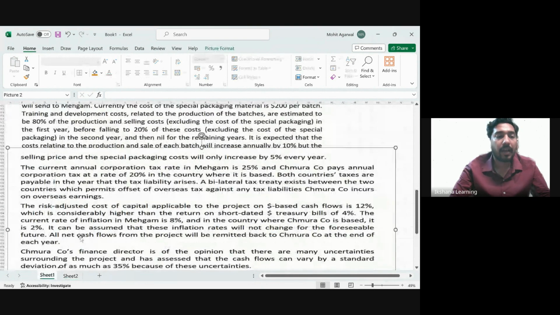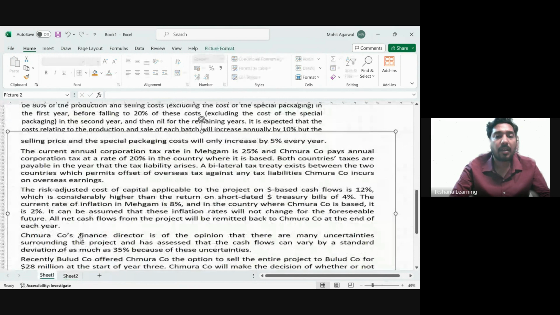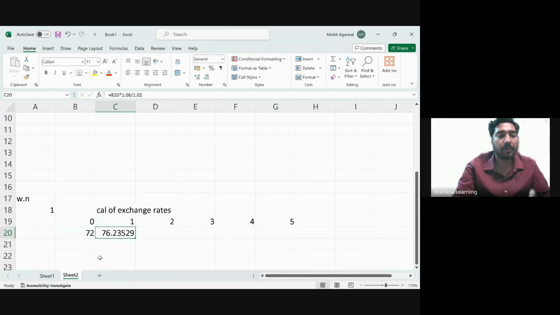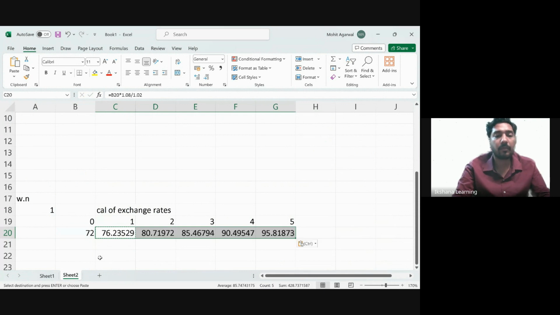The data gives the risk-adjusted discount rate, the current inflation rate, Megam 8% and Chmura based in 2%. So we can apply purchasing power parity: multiply 1.08, inflation of quote currency, divided by inflation of base currency. Now just run the formula. Got it.